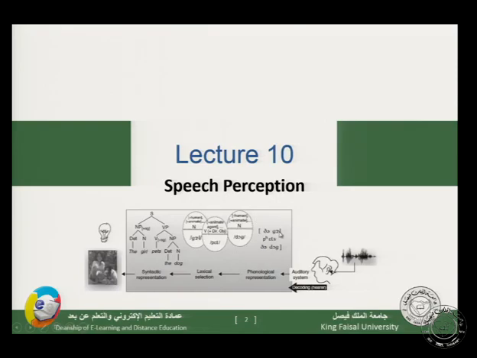He hears the phonological representation, he starts to build lexical selection and starts to build the syntactic representation in order to understand the speech. So if you read this from the right to the left, we are going to have an overview of the processes involved in language perception.